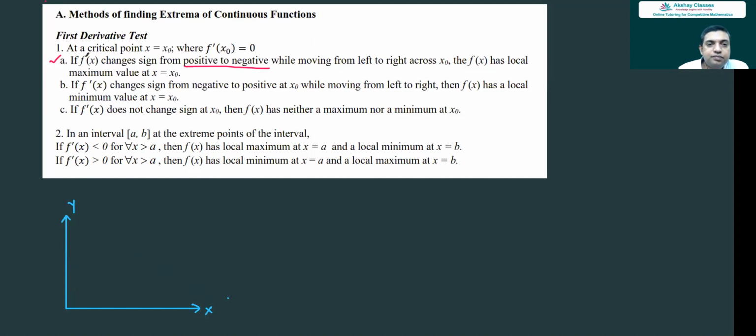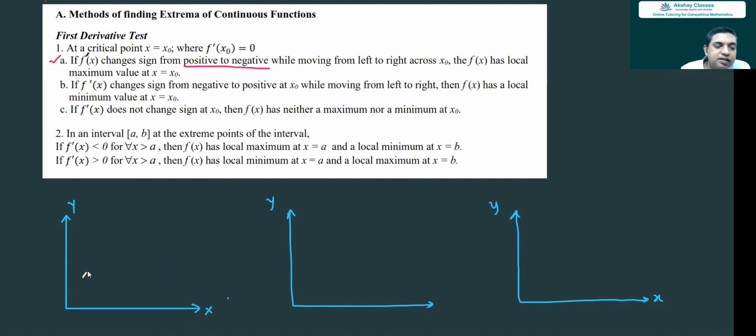I'll draw. So here, let's see a local maximum. Here at this point, the derivative is 0. Derivative is 0 means you will get a horizontal tangent.